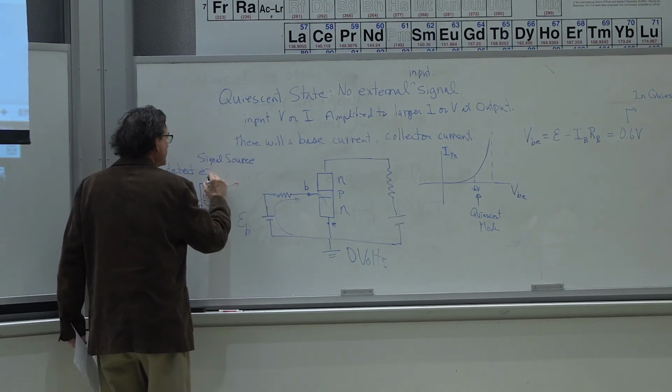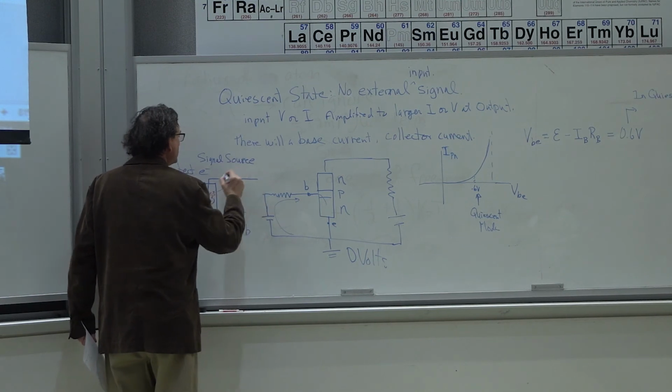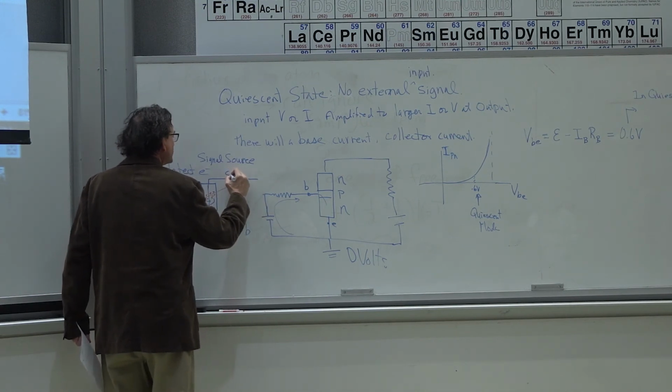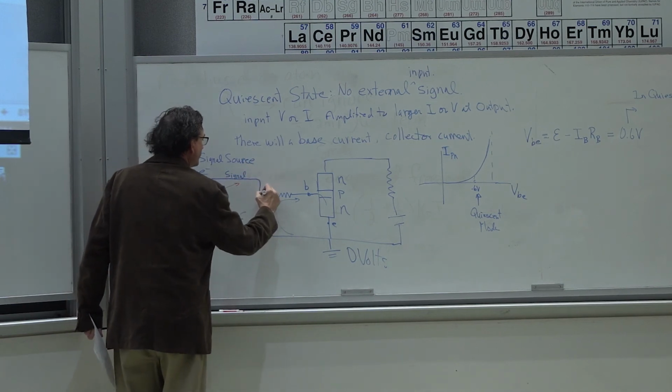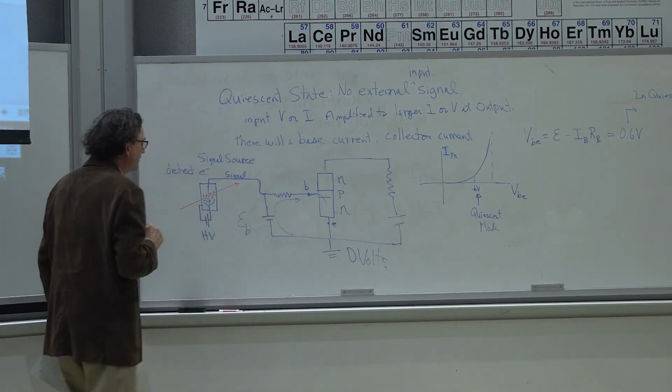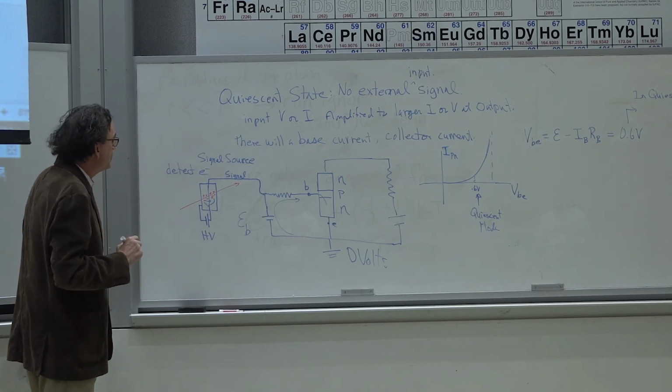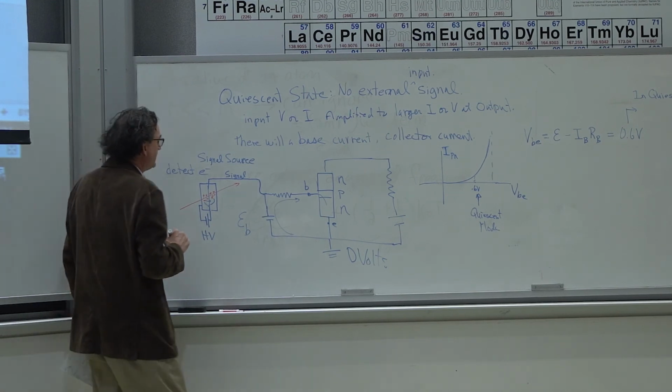And this wire comes out and brings the electron signal to my amplifier that I want to amplify, right? So what happens when a signal comes in?